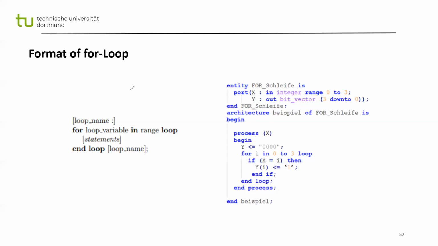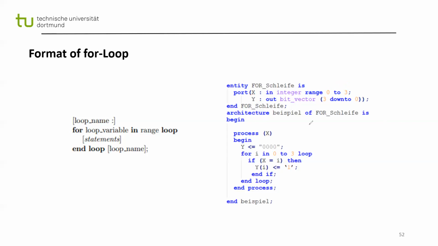What happens here is basically we have an entity called Vorschleife, and in this entity we have two port names, X and Y, where X has the mode of in and a type of integer, and ranges between 0 to 3. So it can't take values any other than 0, 1, 2, and 3.